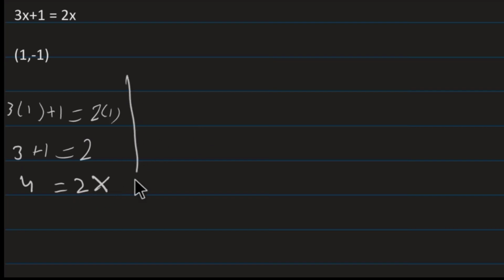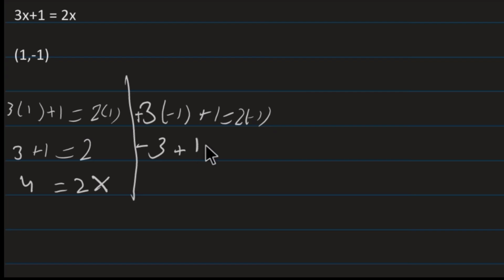Now we try minus 1. We check whether the given equation is true for minus 1 or not. We replace x by minus 1. 3 into minus 1 plus 1 is equal to 2 into minus 1. So 3 ones are 3, and since the sign of 3 is plus, plus multiplied by minus gives minus. So minus 3 plus 1. 2 ones are 2, and plus times minus is again minus.